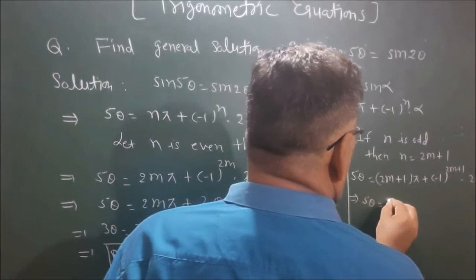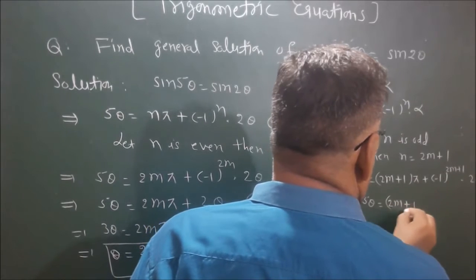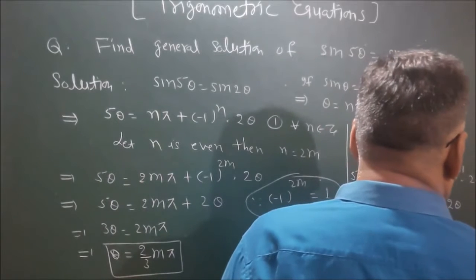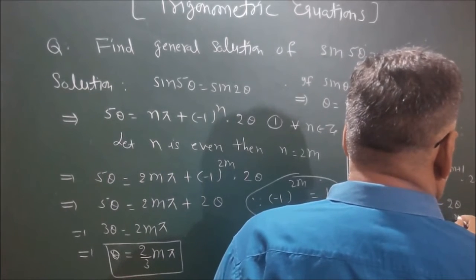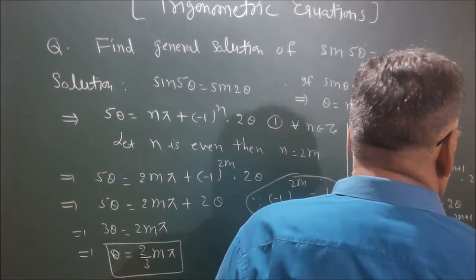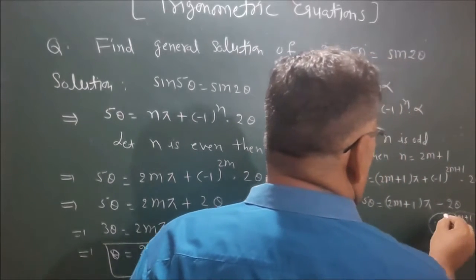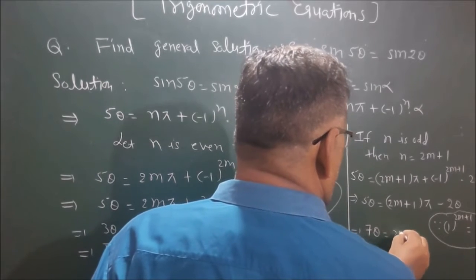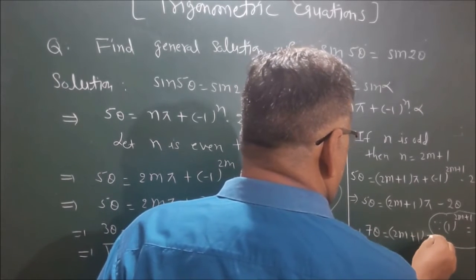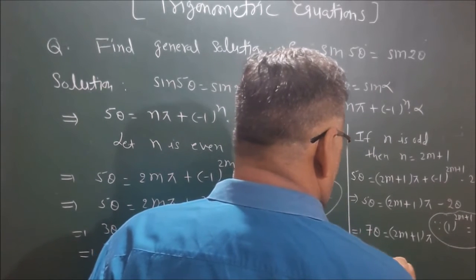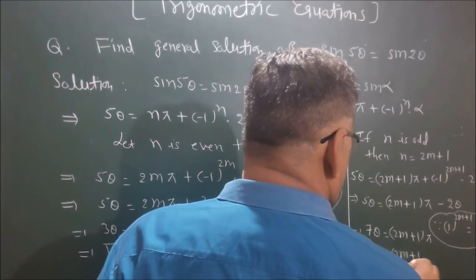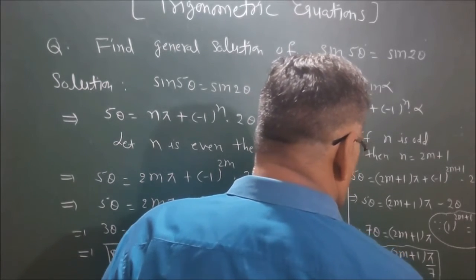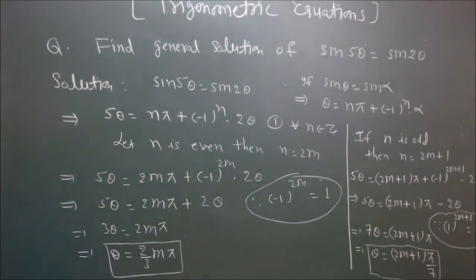So 5 theta equal to 2m plus 1 pi minus 2 theta, because minus 1 to the power 2m plus 1 is an odd power, so this becomes minus 1. Now we have 7 theta equal to 2m plus 1 pi. Finally theta equal to 2m plus 1 pi upon 7. This is the second solution of the trigonometric equation sin 5 theta equal to sin 2 theta.